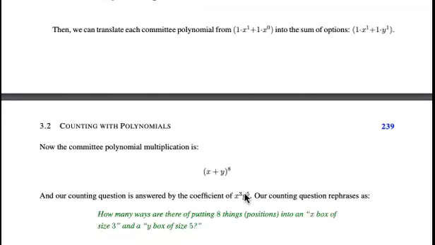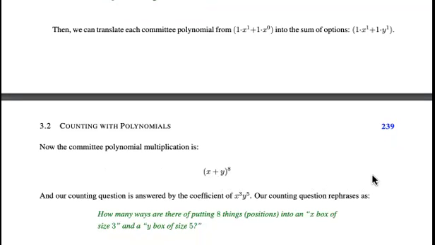You can also think of it this way. You're multiplying out x plus y, 8 times. When you're multiplying it out, you either pull an x or a y from each factor. It's like saying the factor itself is an object, and you're either throwing that object into a bucket labeled x or a bucket labeled y.